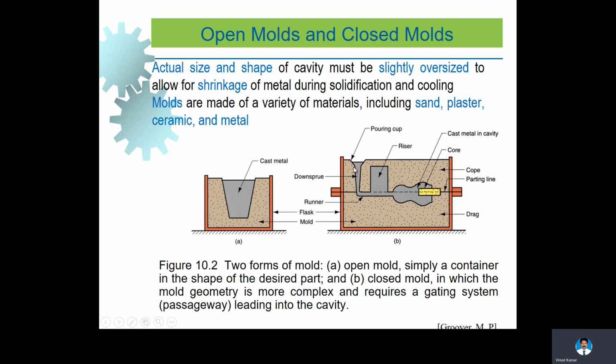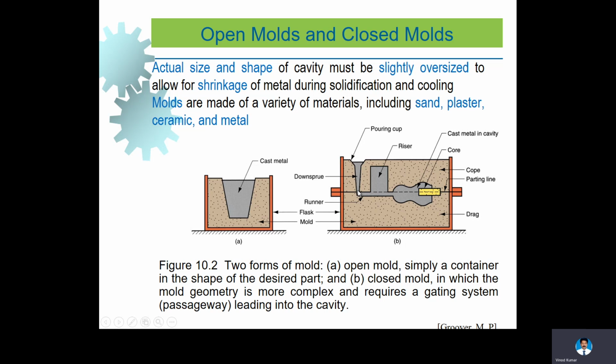So what happens is, when we remove the pattern from the mold, we produce a cavity which has the desired shape of the product. So we melt the metal, and we pour molten metal into the downsprue.